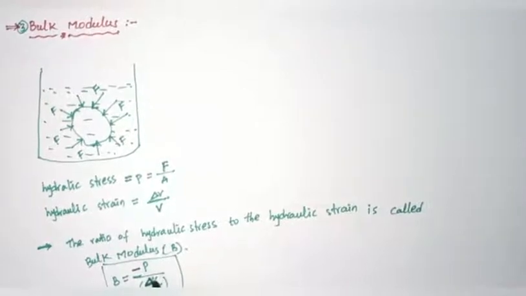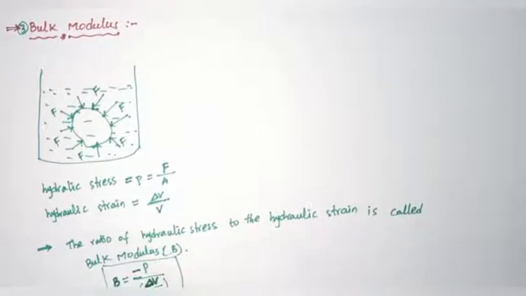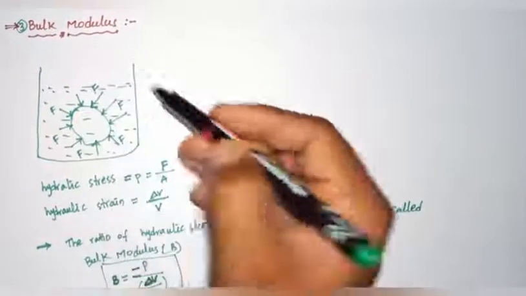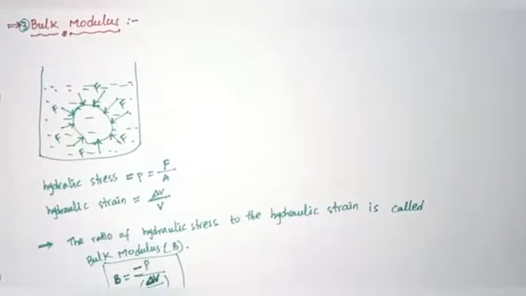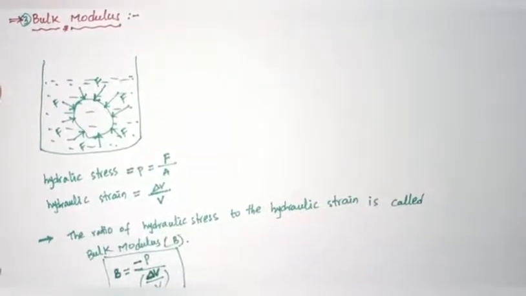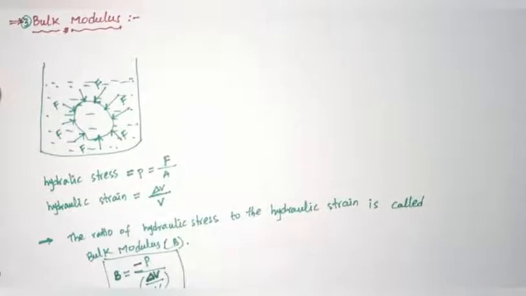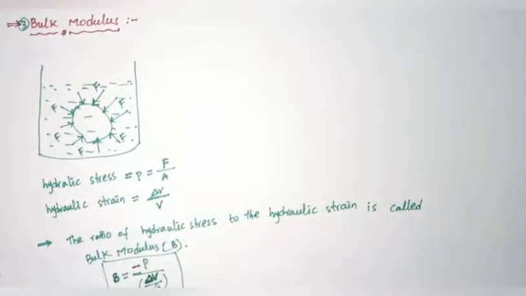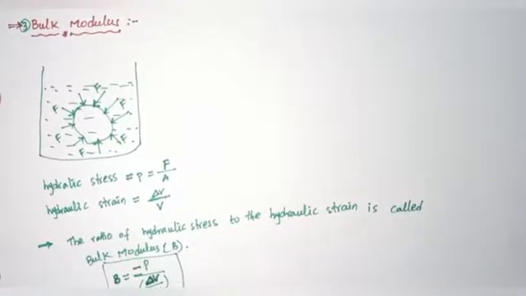But bulk modulus is positive. So bulk modulus B equals minus P by delta V by V.